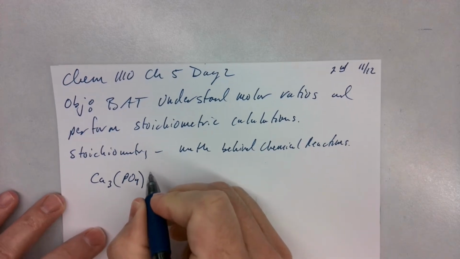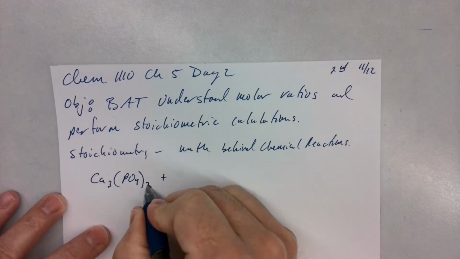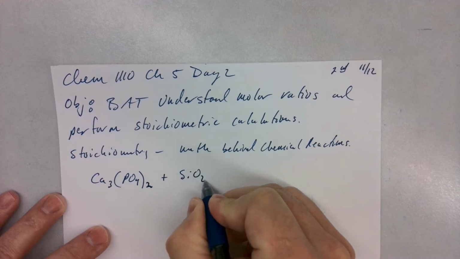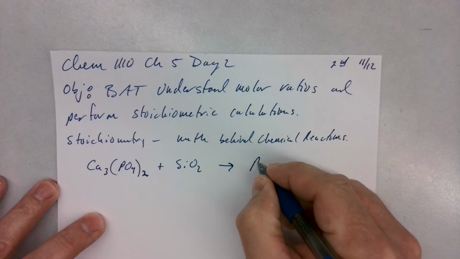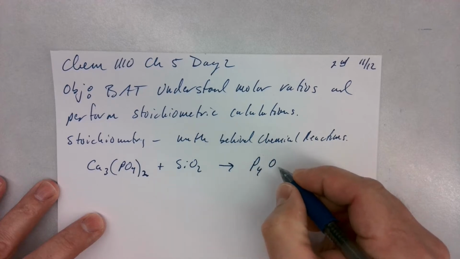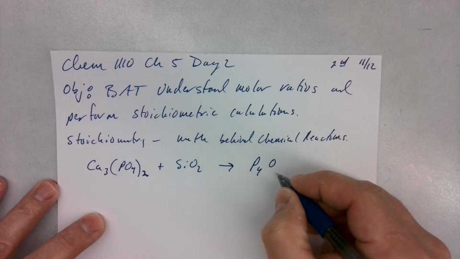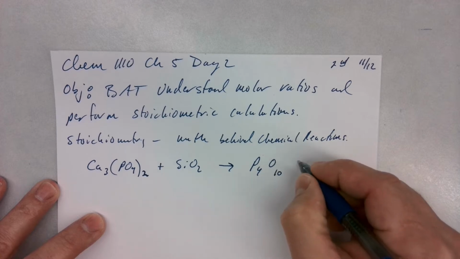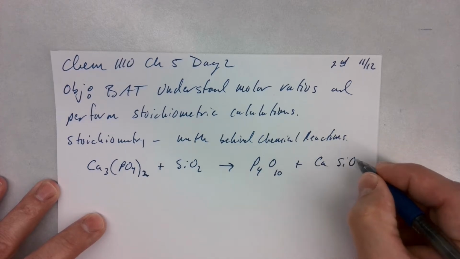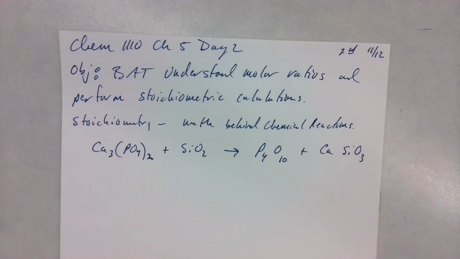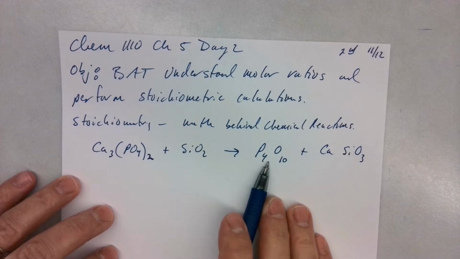Ca3(PO4)2 taken twice plus SiO2. Did you think that was a 12? I don't think so. Okay, P4O10 plus CaSiO3. Well, right off the bat, I got a P4 over here, right?